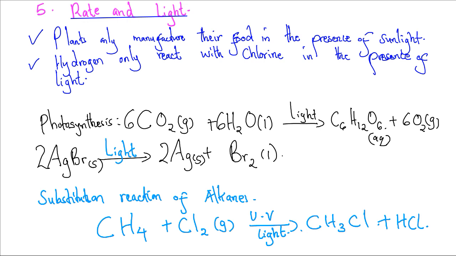If you try to get back to the photograph story, the presence of sunlight will make the pale yellow silver bromide decompose to a gray silver metal and reddish brown bromine liquid. And we have said that such breakdown will only take place when there is presence of light.